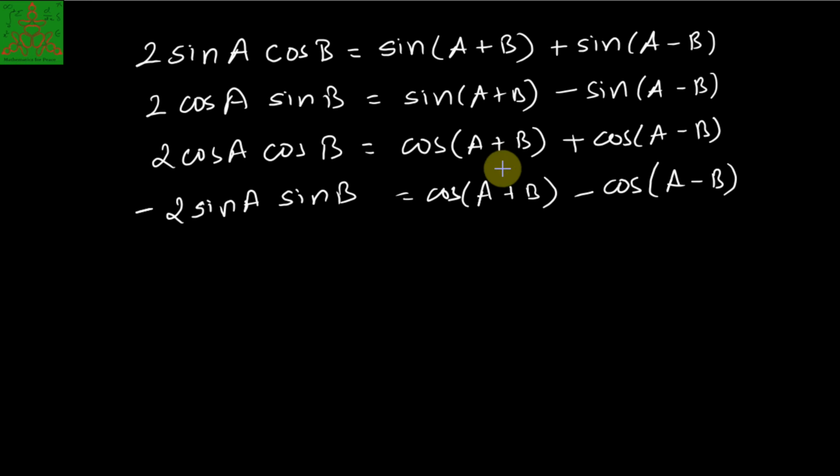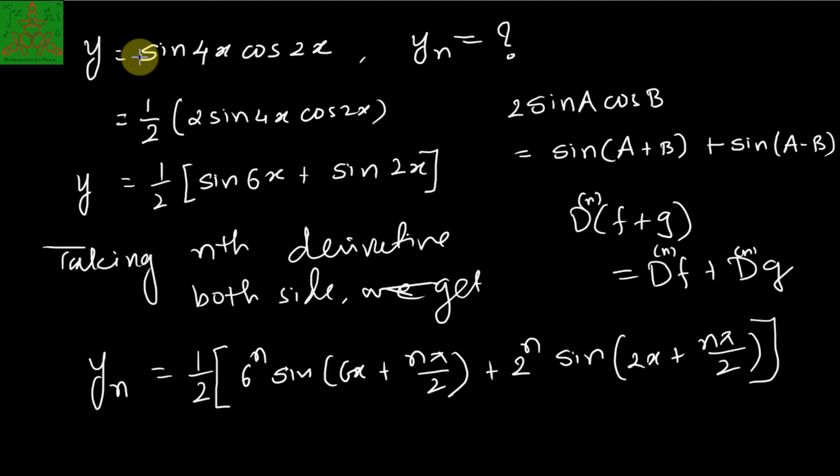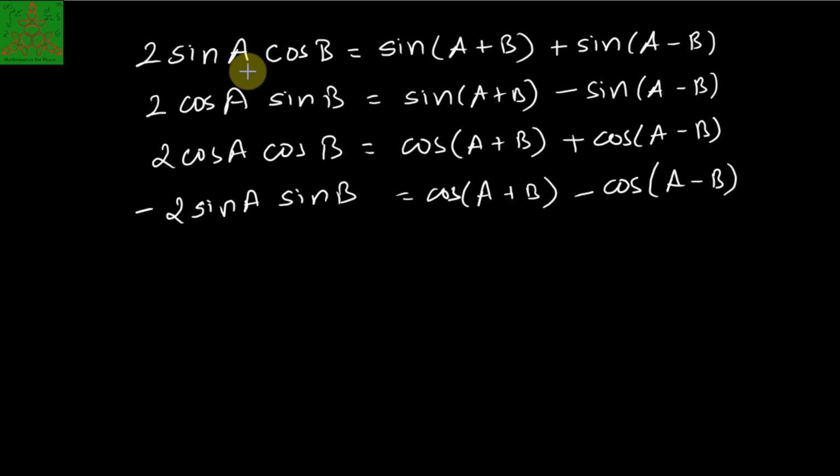So these four trigonometric identities are there, and looking at a function like sine 4x cos 2x, or any values of A and B given, I think you are now able to solve the nth derivative of any such function in front of you.